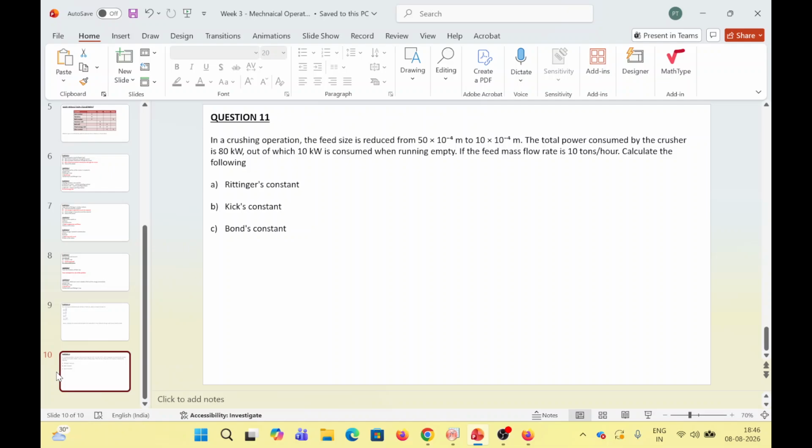So how to solve this problem? One thing here, you can take power and energy alternatively.